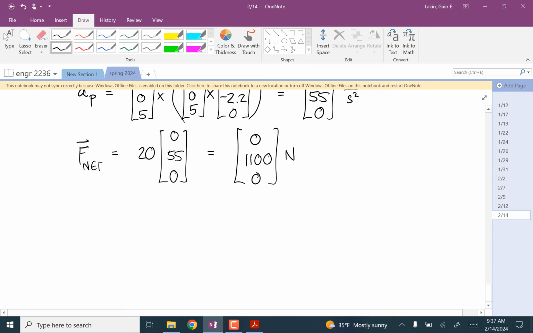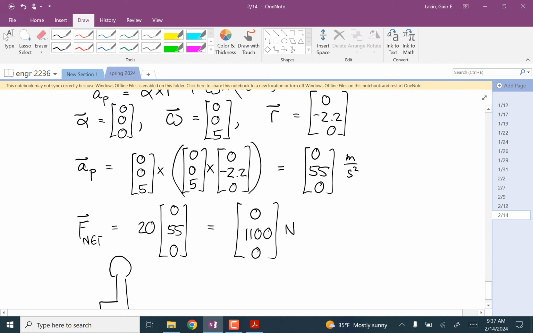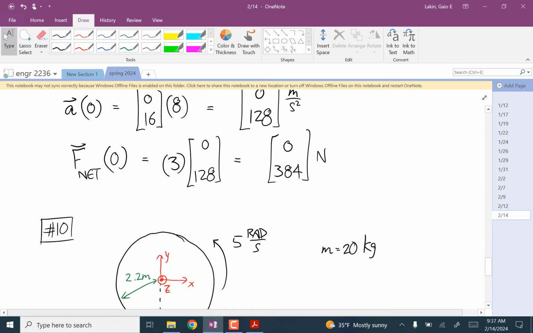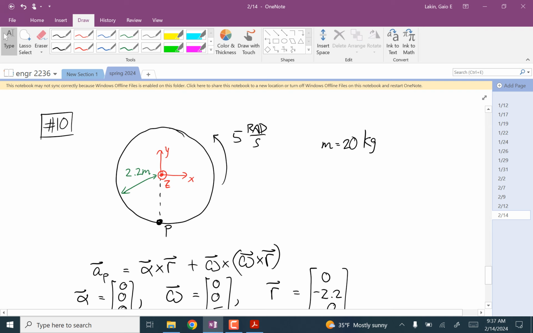And really the only thing that matters to us is, so let's think of the kid here, and let's think about the coordinate system for a second.